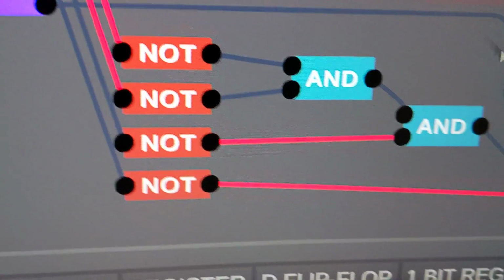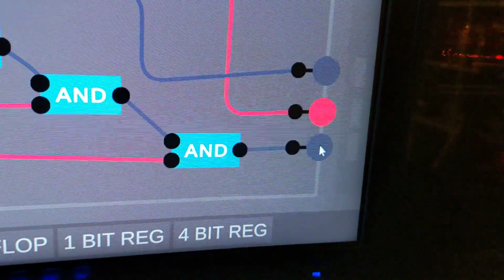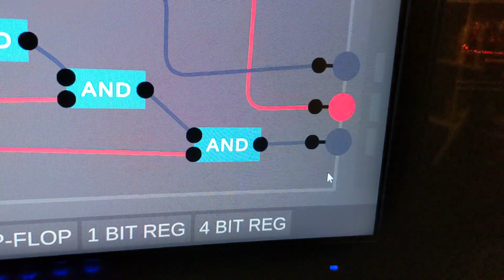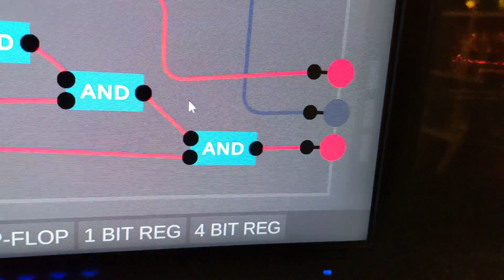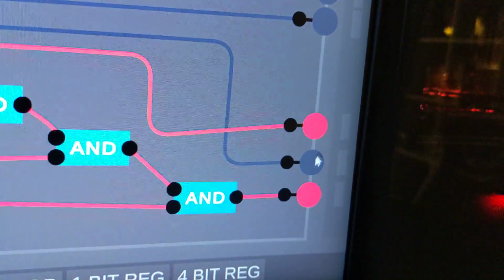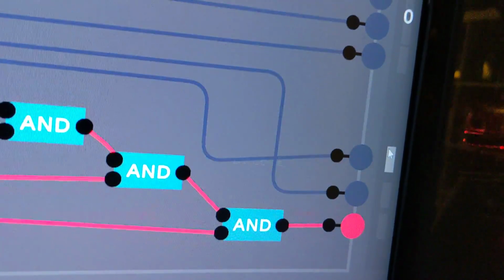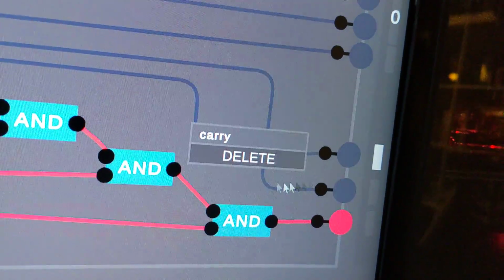This down here tells us our answer on whether or not it is 0, because this is a 0. This is basically just telling us what's happening. This tells us if we carry over a number.